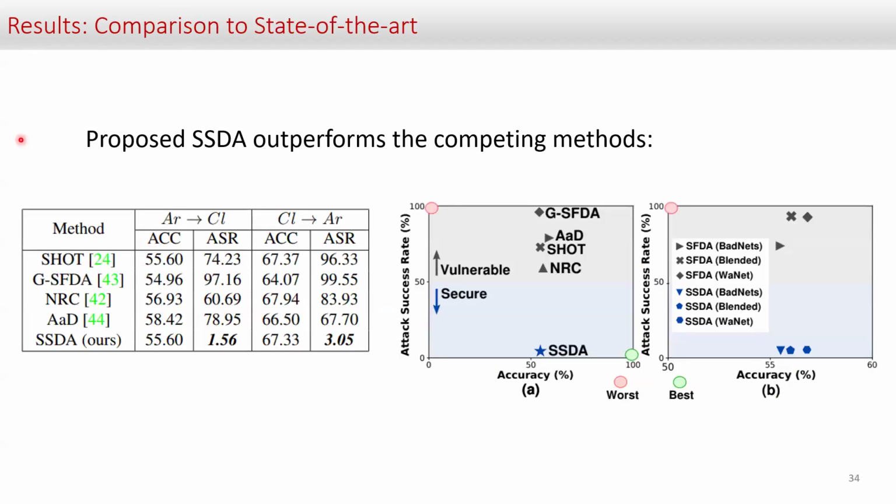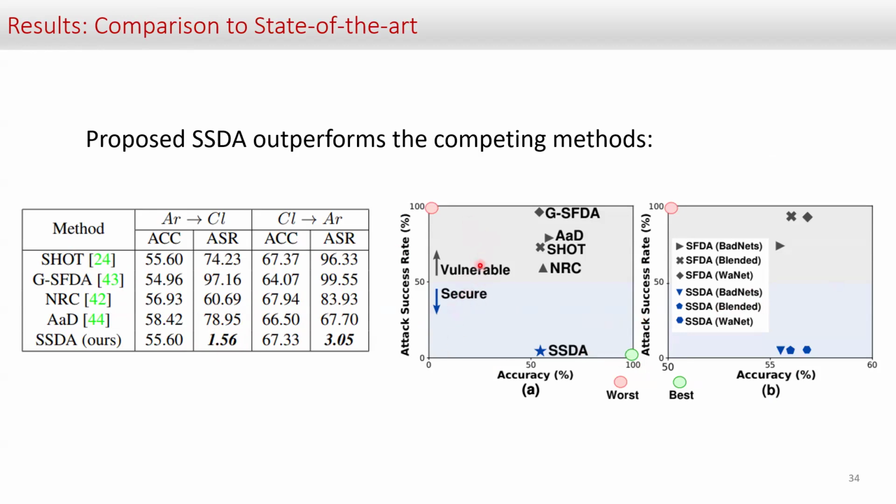If we compare with state-of-the-art SFDA techniques, we observe that across the board, the attack success rate remains higher. Our proposed method achieves the best attack success rate with on par clean accuracy. That's what this figure shows. Basically, if the performance is at the bottom, it's the secure range.